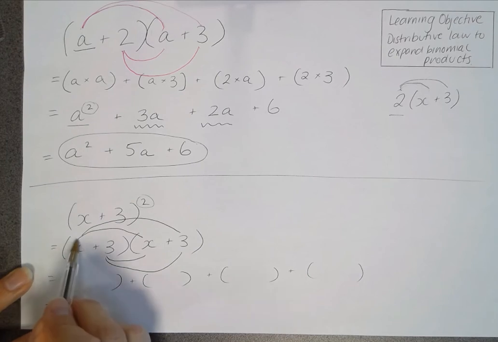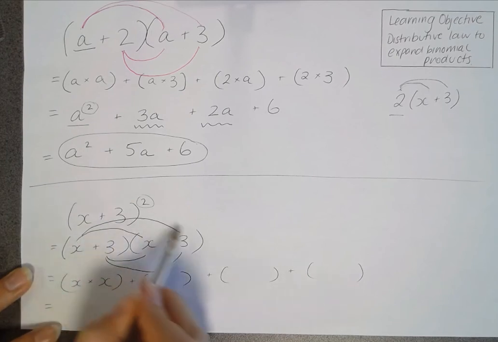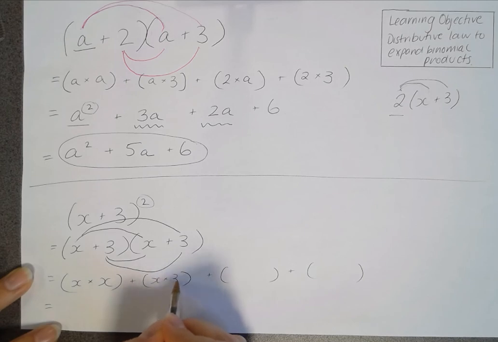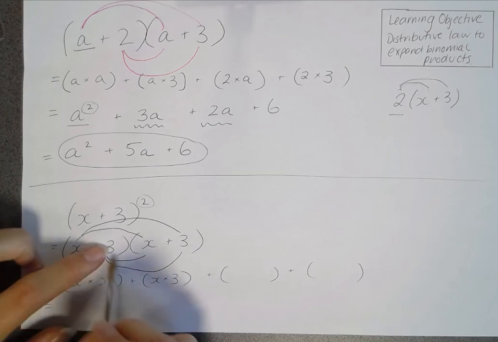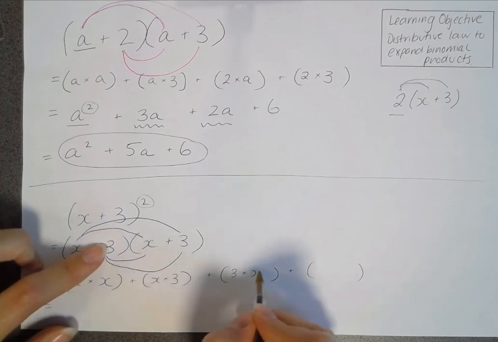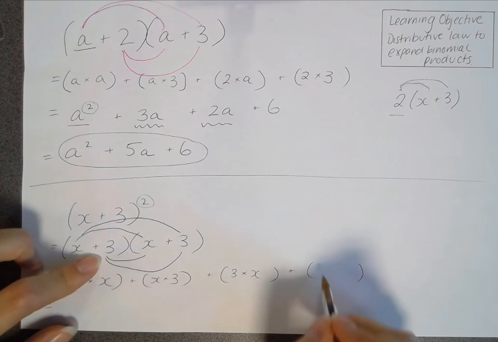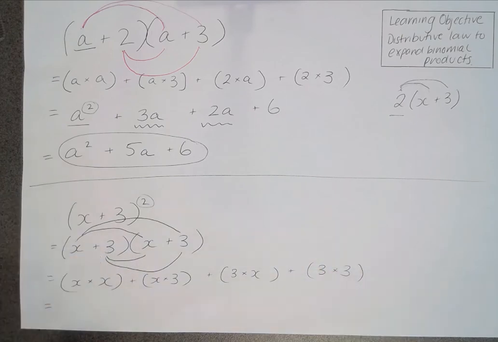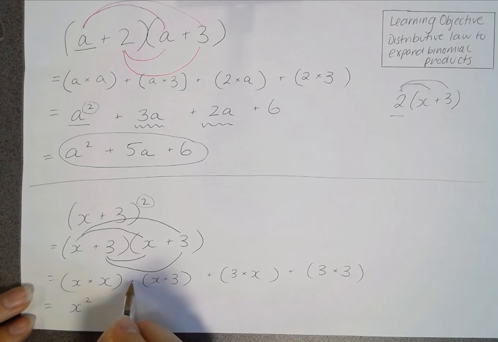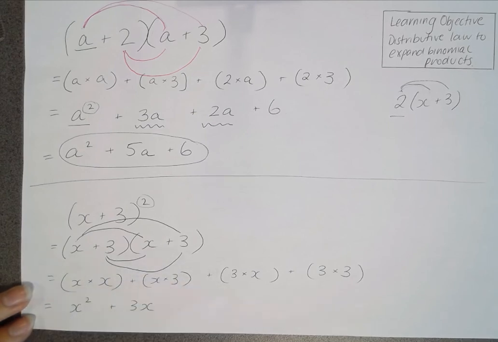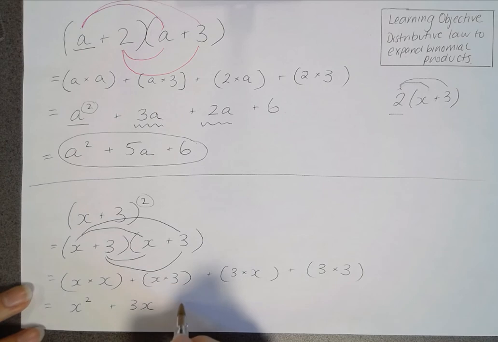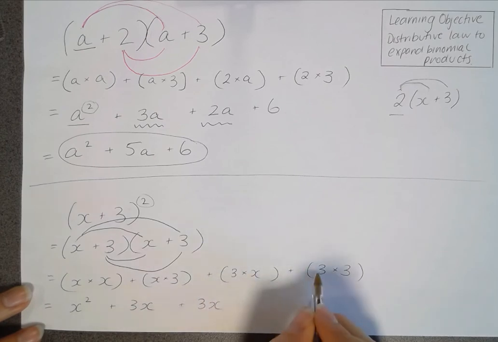So let's go x times x, and then x times 3 plus 3 times x and 3 times 3. Alright, x times x gives us x squared. X times 3 gives us 3x. 3 times x again gives us 3x. And 3 times 3 gives us 9.